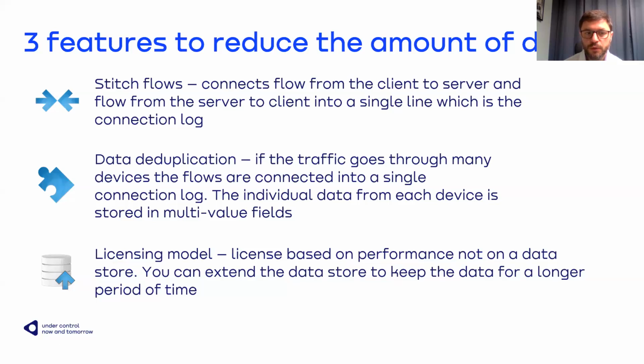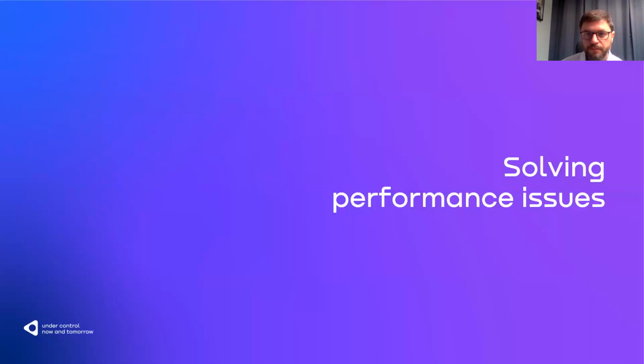So if you need to keep the data for a longer period of time, you have to assign a bigger storage to the VM, and it's possible to keep it in the system. So it's easy to analyze the data even for a very, very long time.